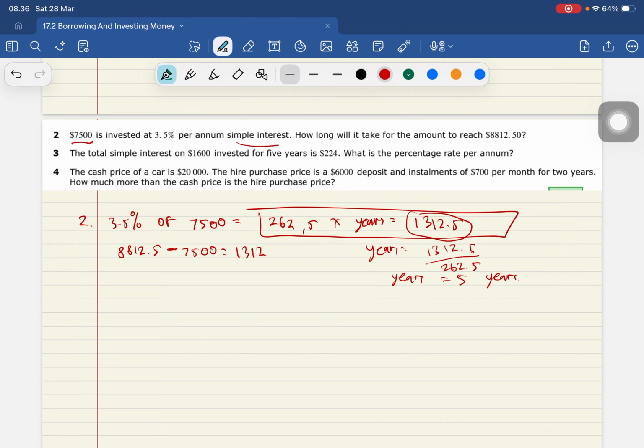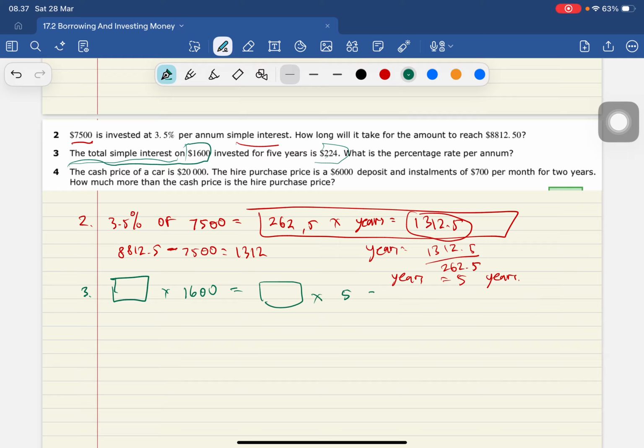Okay, number 3, the total simple interest on $16,000 invested for 5 years is $224. So the simple interest that we don't know, multiplied by 5 years, equals 224.